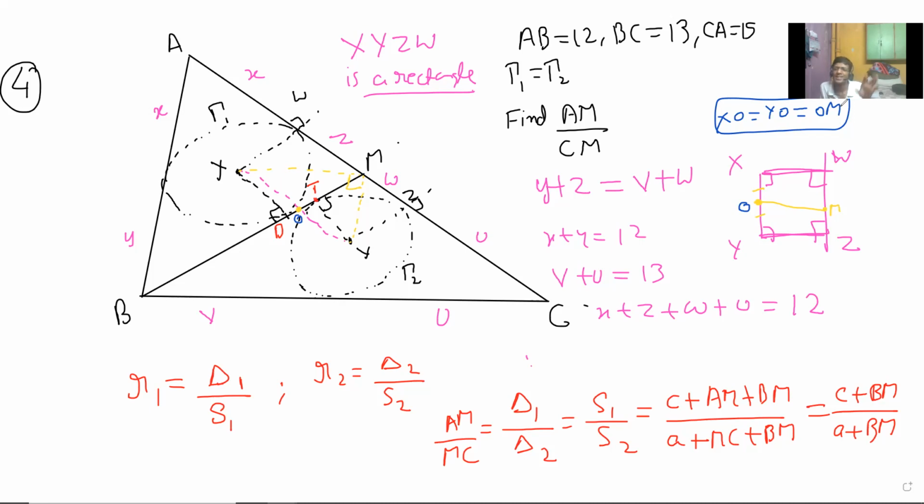This bashing is much faster, but we can learn some things from this kind of thing which you can use in other places. Like Adish had done some similar questions, so you are able to make so many observations. Okay, just 2 more minutes. Let me think.